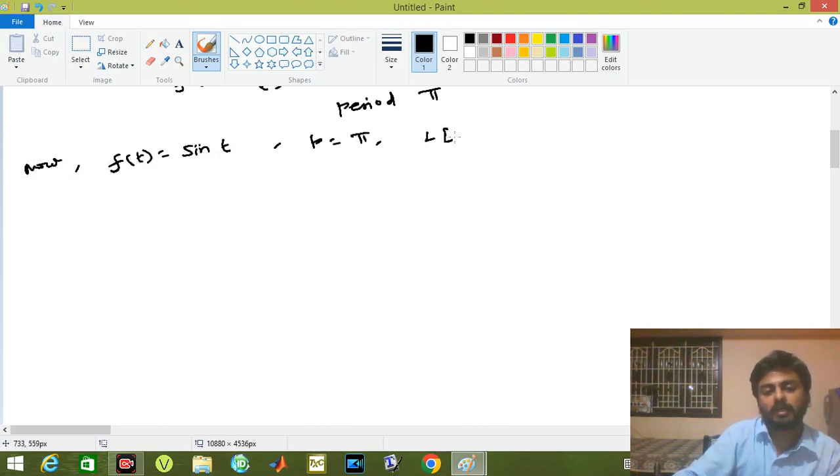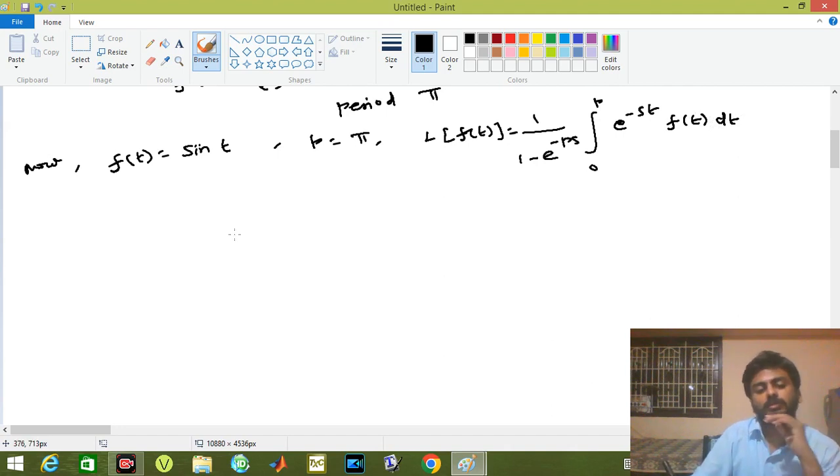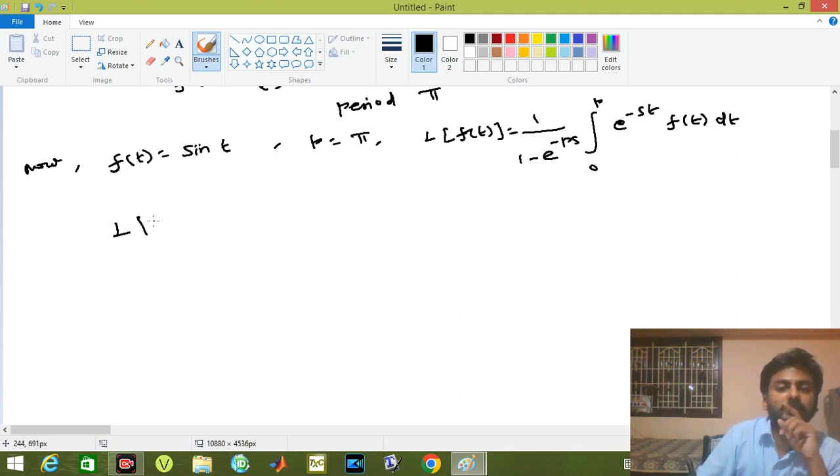We know that L of f of t equal to 1 divided by 1 minus e power minus ps, integral 0 to p, e power of minus st f of t dt. So you will have L of sin t, since they have given us modulus of sin t, but we are taking only sin t.